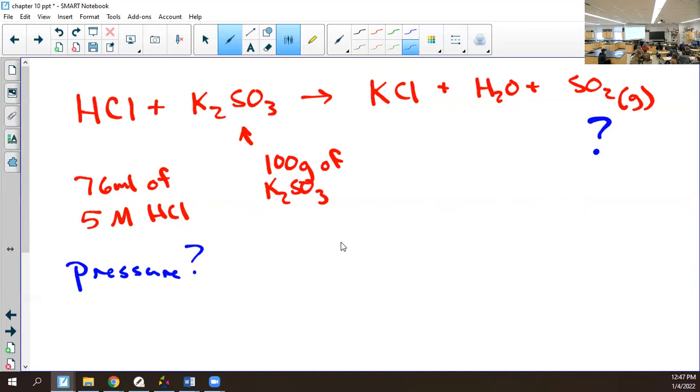This reaction took place in a 500 milliliter rigid container. So we know the volume is 0.5 liters. We'll say the temperature that it happened at was 300 Kelvin.